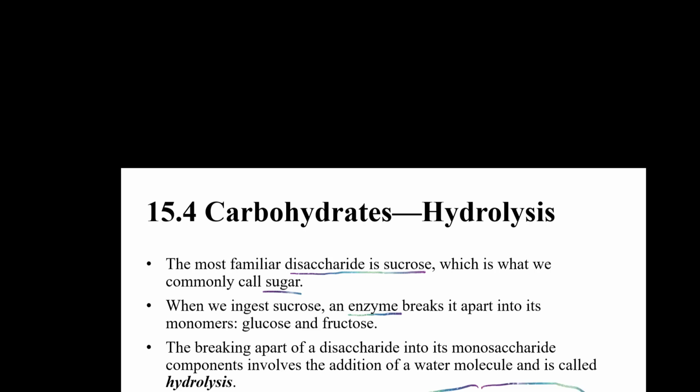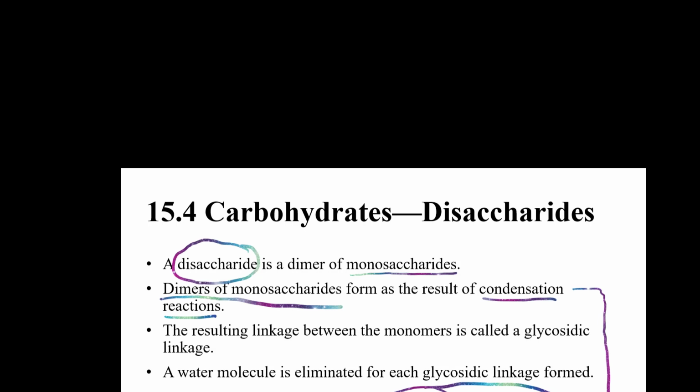So just to be clear what's going on here, let's go back to the previous slide. Here you have a disaccharide, like sugar, and we formed this sugar from these two individual monosaccharides, and that created this glycosidic linkage. And now what we're going to do is just the opposite. We're going to add water to the disaccharide, and it's going to separate the two monosaccharides.